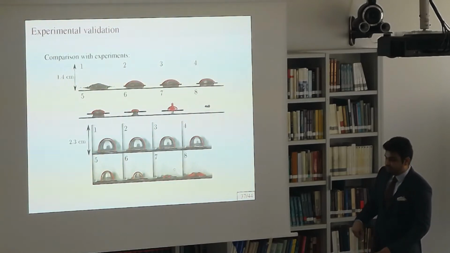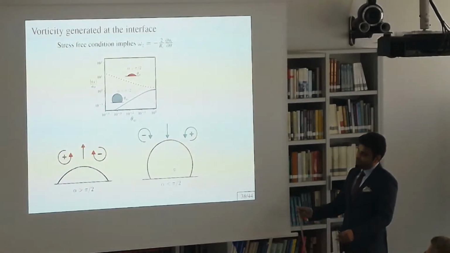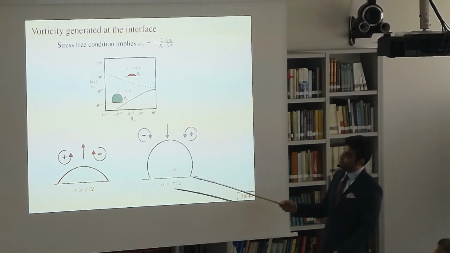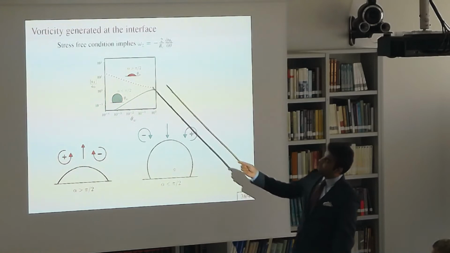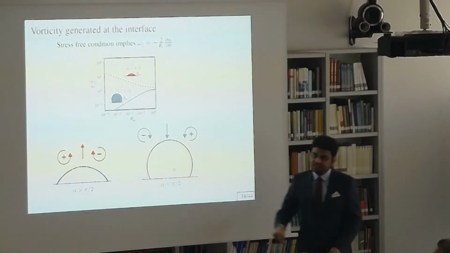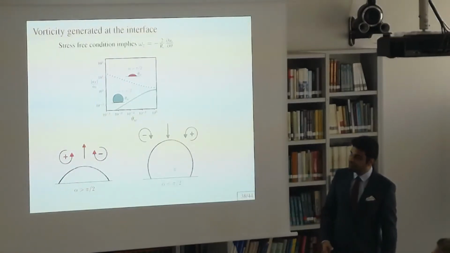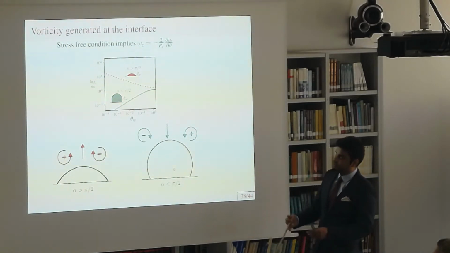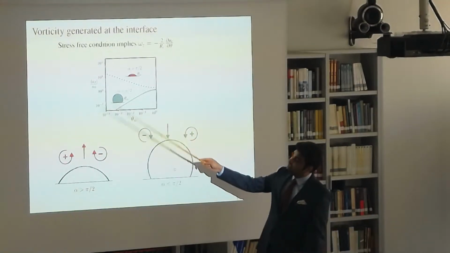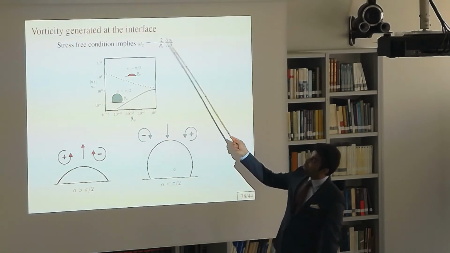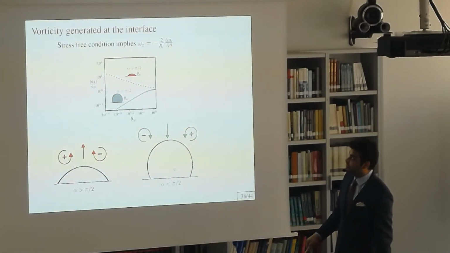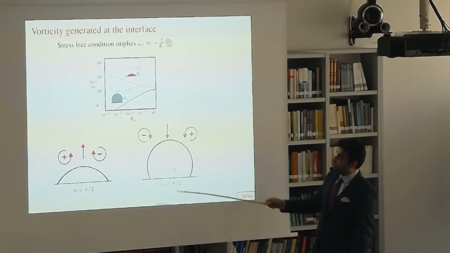We can take even more out of the singularity solution, the impulse series solution. If we look at the vorticity that is generated at the interface at small times, it will diffuse into the liquid bulk by virtue of viscosity. If we apply a stress-free condition at the interface, the only non-zero component of vorticity is the gradient of velocity in the theta direction.